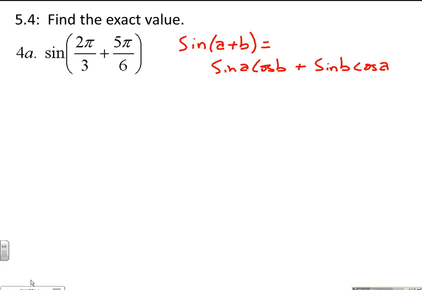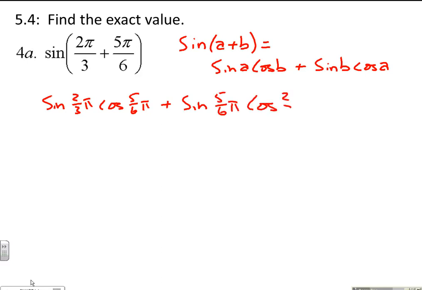So this formula becomes sine of 2/3 pi cosine of 5/6 pi plus sine of 5/6 pi times cosine of 2/3 pi. And if you don't have those memorized, then those are probably triangles worth jotting down here.